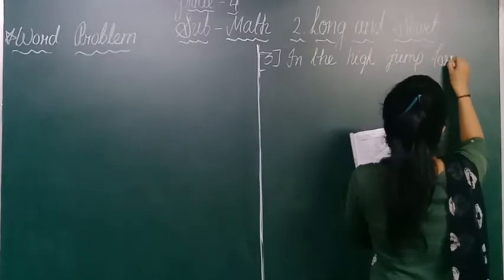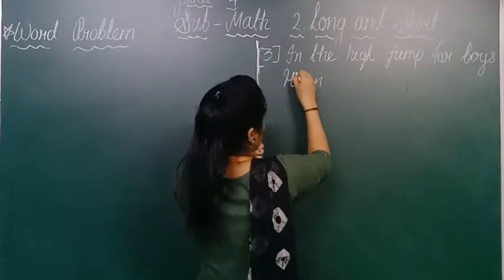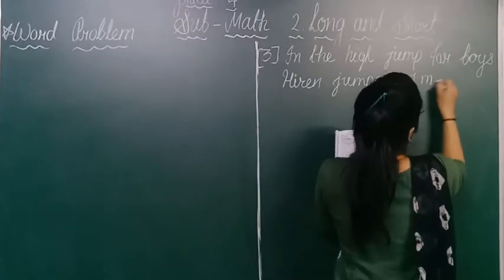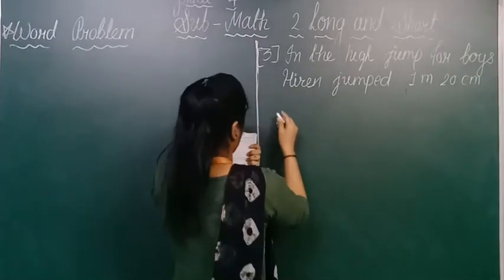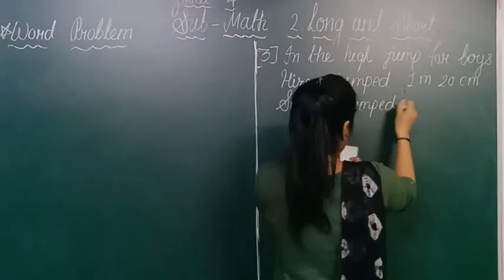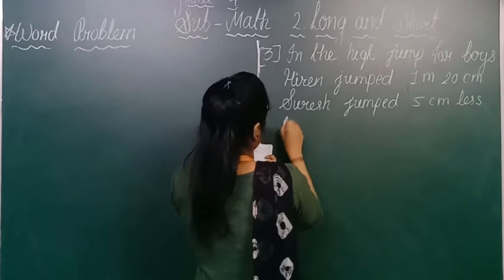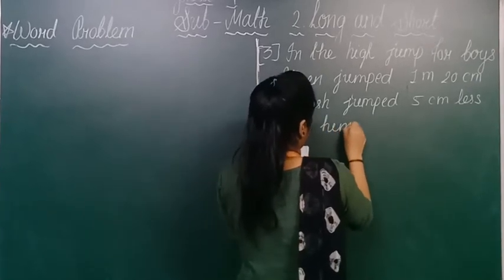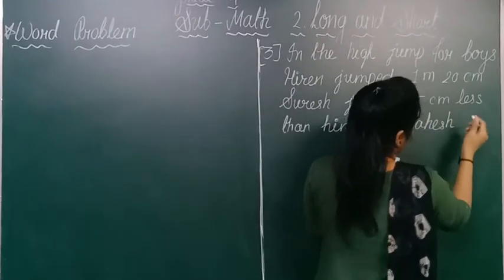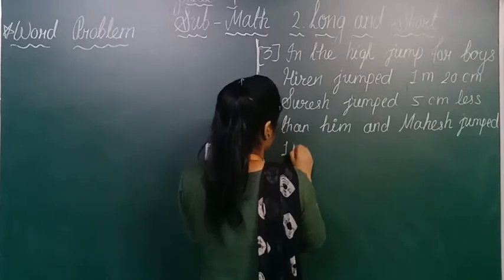We are on number 3 and our question is, in the high jump for boys, Hiren jumped 1 meter 20 centimeter and Suresh jumped 5 centimeter less than him, and Mahesh jumped 1 meter and 9 centimeter.